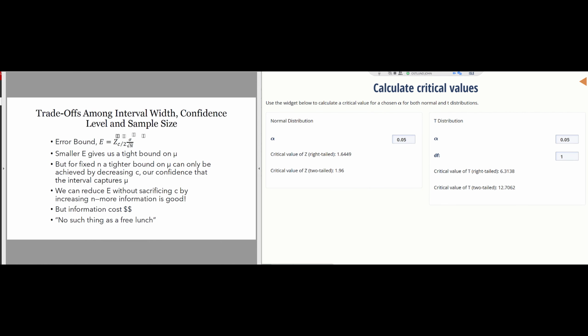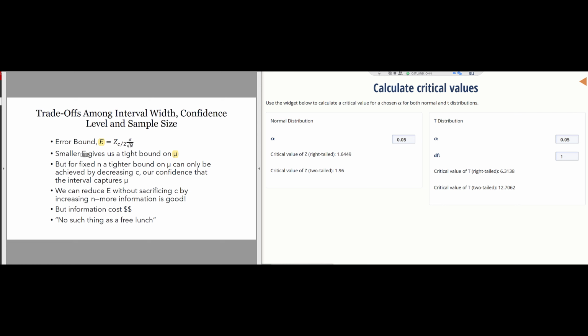Okay, so to summarize, if we take a sample that's large enough that we can rely on the central limit theorem, then the error bound around our sample mean, in which we have some level of confidence that the true mean actually falls, is going to be given by the z-score for the confidence level that we want, times the population standard deviation divided by the square root of our sample size.